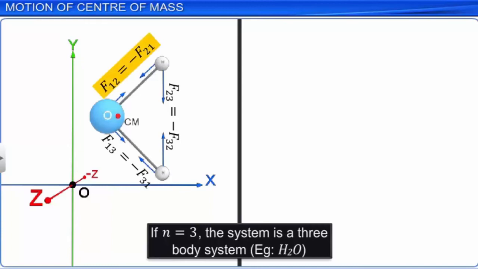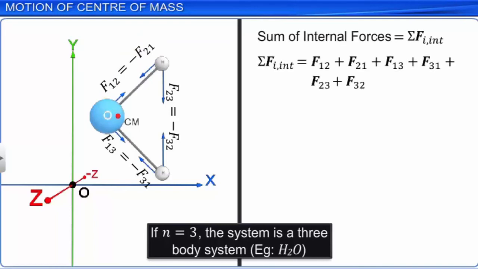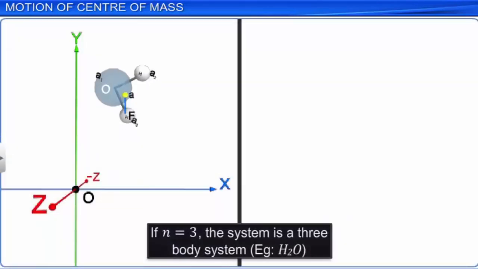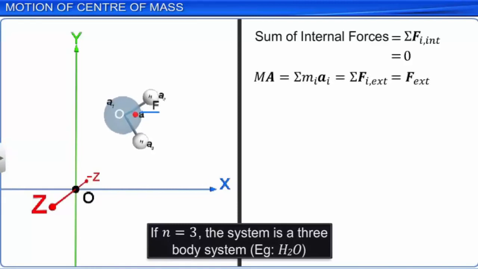The vector addition of all these internal forces acting on all particles adds to 0. Sigma Fi internal is equal to 0. Hence, Ma is equal to sigma Mi Ai, which is equal to sigma Fi external and is also equal to F external. Let this be equation 3. So, the acceleration of the center of mass A is equal to F external by M.